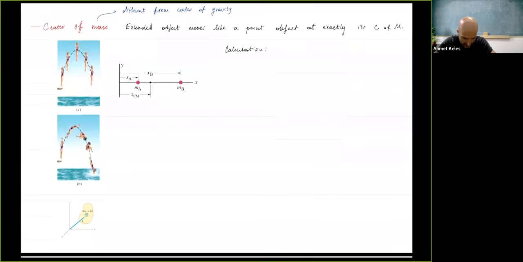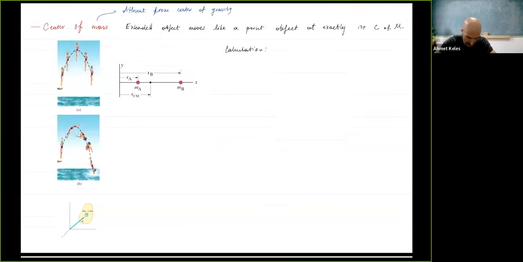How can I put a mass of MA plus MB in which position such that the problem will be identical with this one?